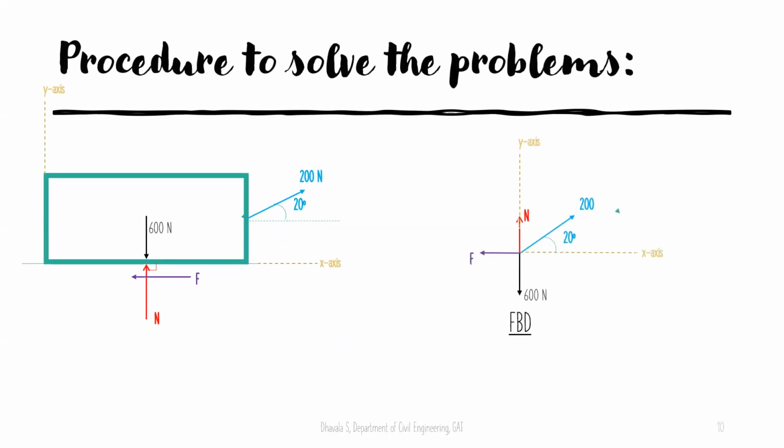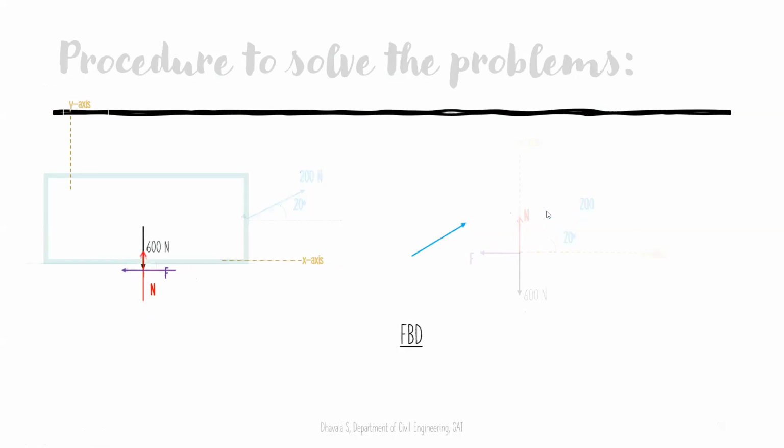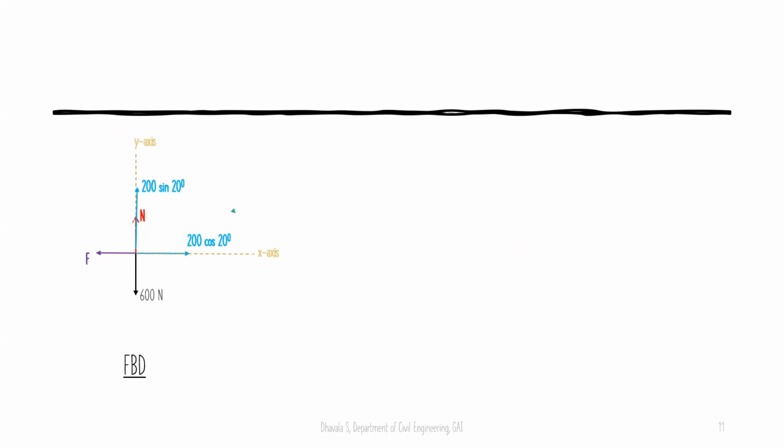Now to write the free body diagram, we have 600 Newton acting downwards, normal reaction acting upwards, F acting from right towards left, and a 200 Newton force pulling at an angle of 20 degrees with respect to the x-axis. This 200 Newton can be resolved into x and y components as 200 cos 20 degrees and 200 sin 20 degrees. The same thing is given over here.